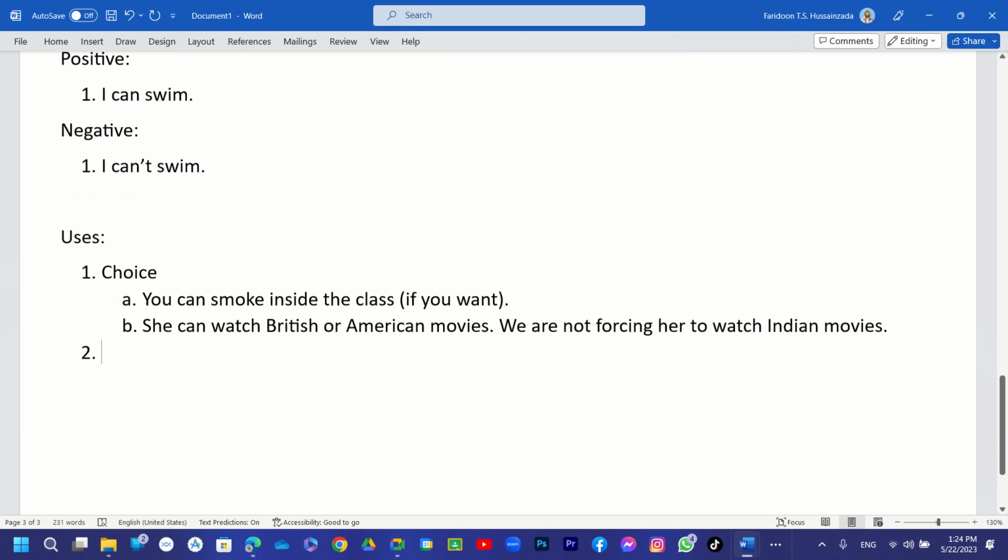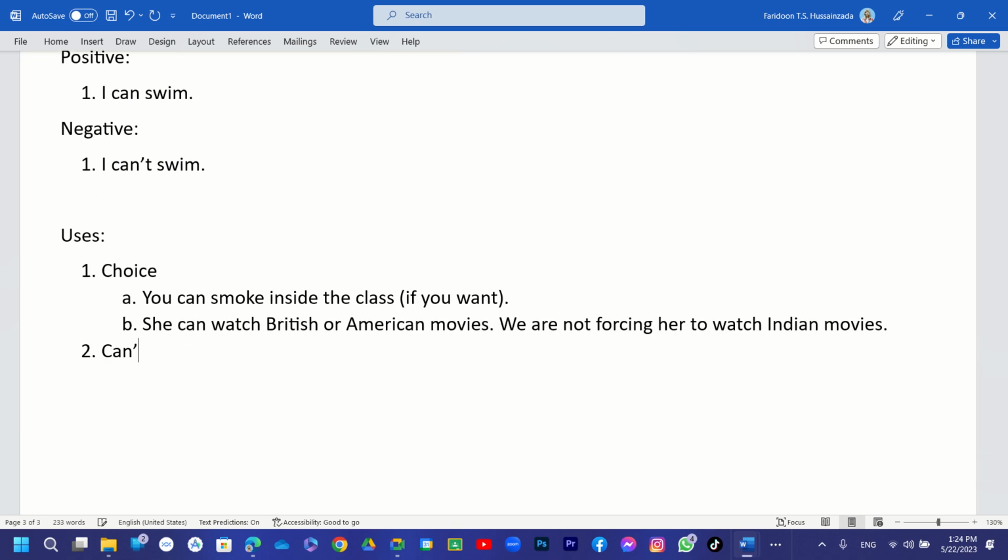However, if you use can in negative, it becomes can't. Now the usage is a bit different. Can in negative has the usage of prohibiting something, not allowing somebody to do something.